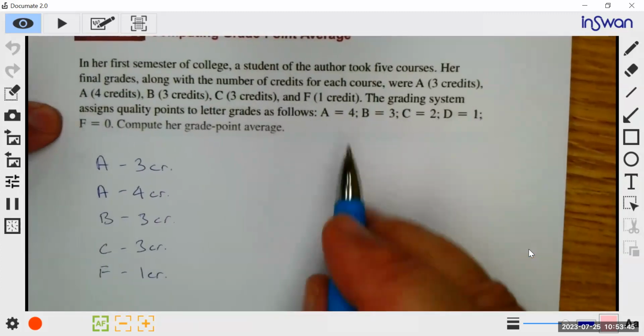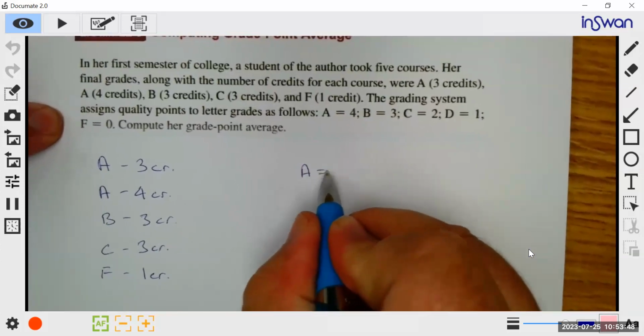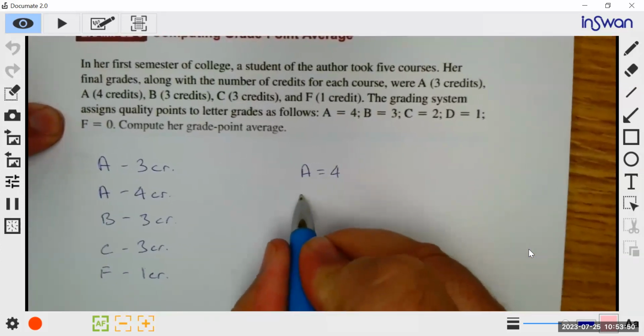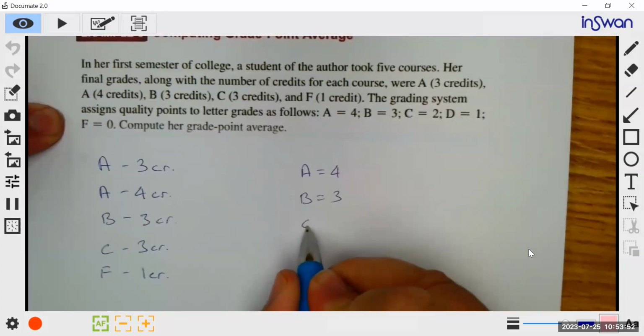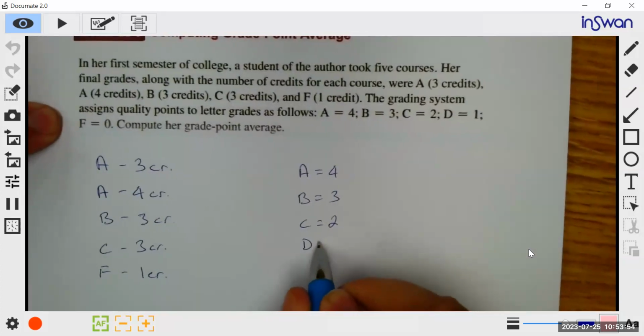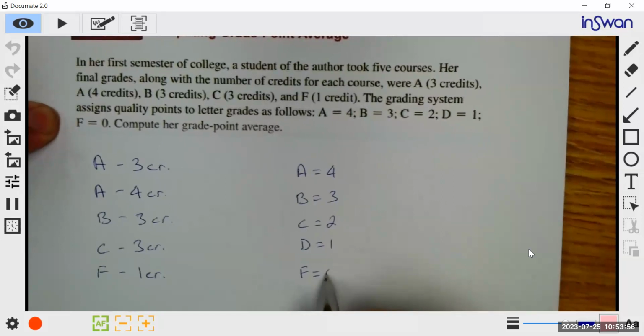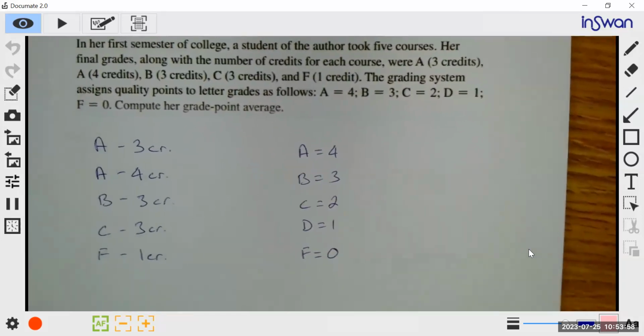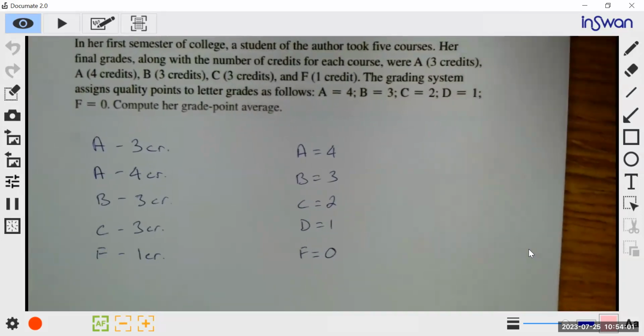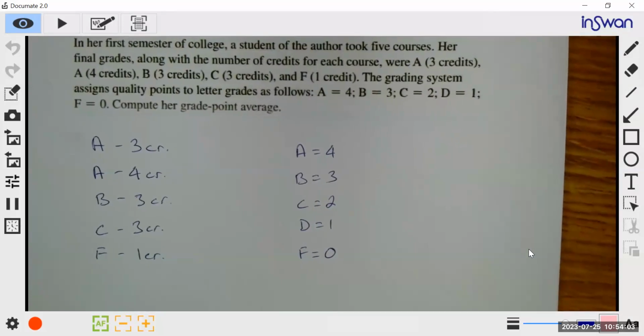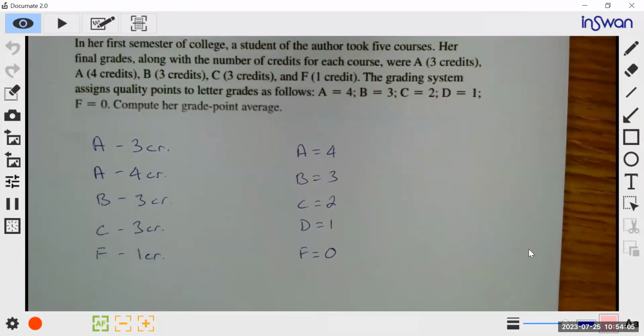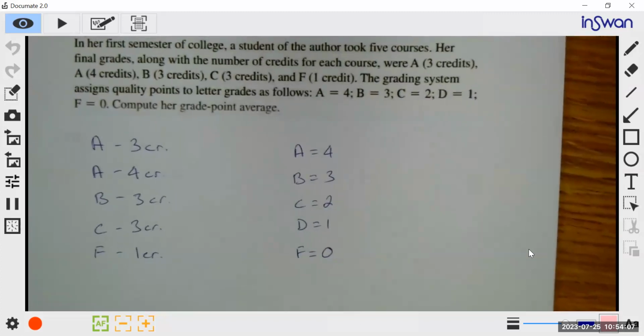The grade system assigned an A counts 4 points, a B counts 3 points, C counts 2, D counts 1, F counts 0. Find her grade point average.